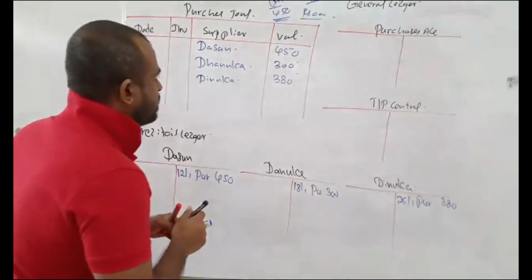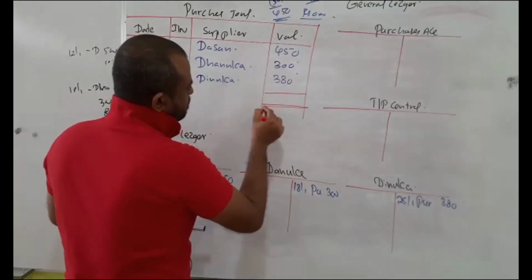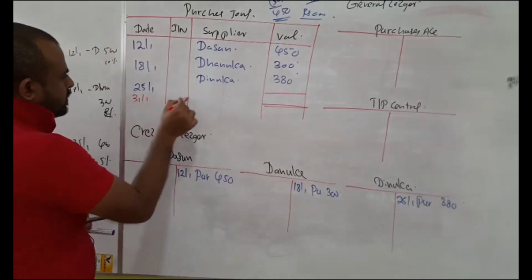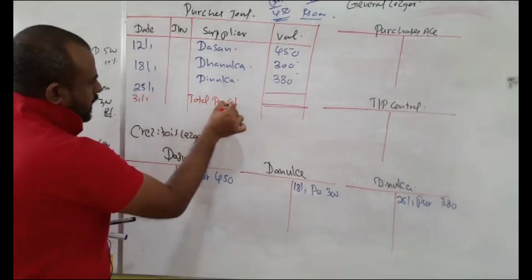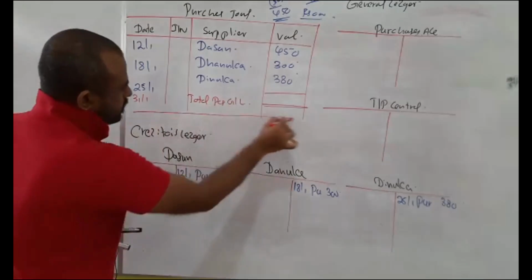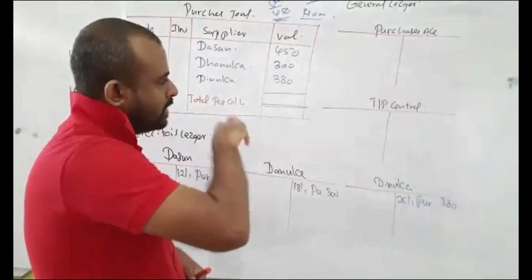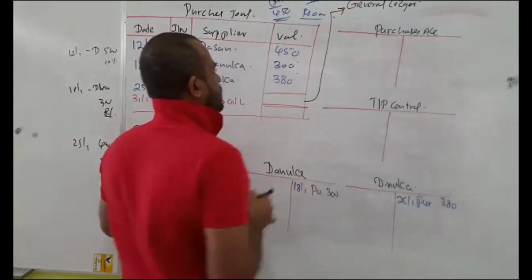Now everything is fine. Now take the totals. On 31st Jan, total posted to GL. After recording every transaction, at the end of the month you take the total of the journal, and the total will be copied to the general ledger.